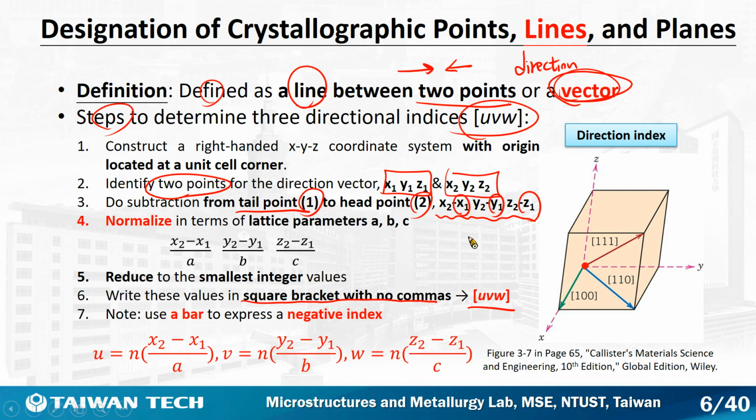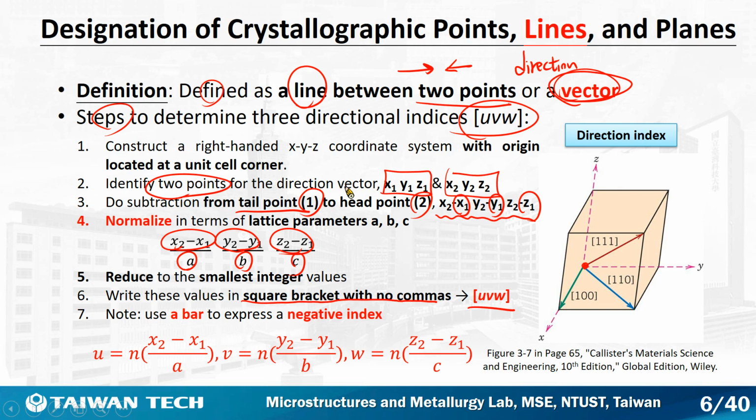Okay, and the fourth step will be to normalize in terms of lattice parameters. After we do the subtraction, we normalize it in terms of lattice parameters A, B, C, and length, because this may not be the smallest integer.